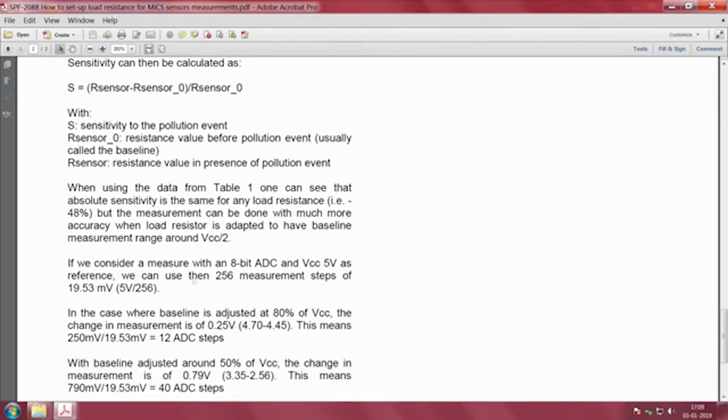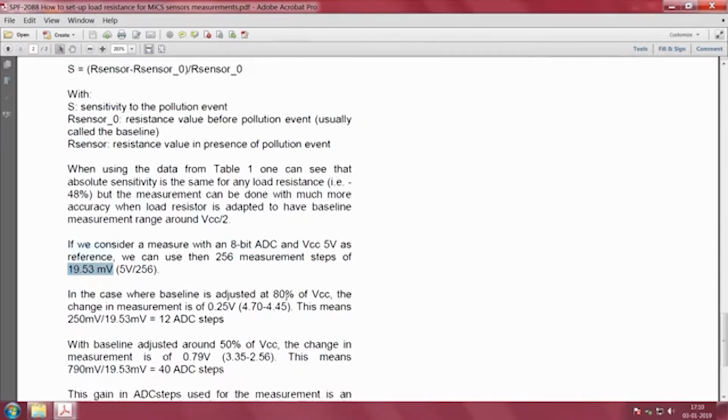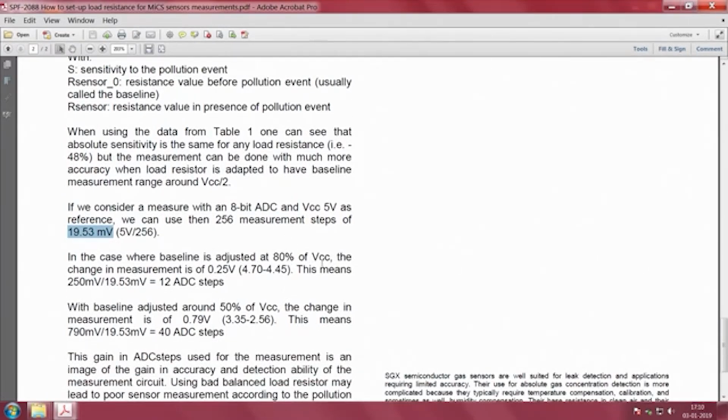If we consider how you want to do that, you have an 8-bit ADC, you have 5 volts, you know exactly what you will get for every step. You will get 256 steps because this is an 8-bit ADC, and each step will correspond to 19.53 millivolts, which is quite straightforward to calculate from here. In the case of 80% VCC, you will only get 12 ADC steps.